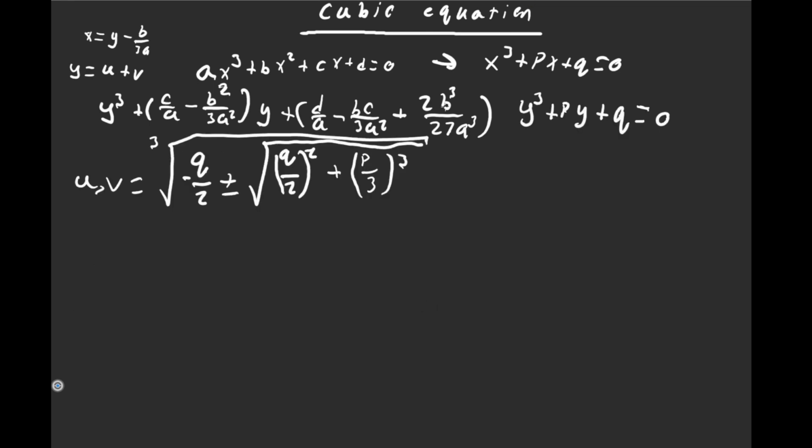So now that we have more space, we see that y is equal to the cube root of this expression, but one is plus and the other is negative. So in this example, we'll say that u has the plus inside the cube root, and the v has the minus sign in front of the square root.